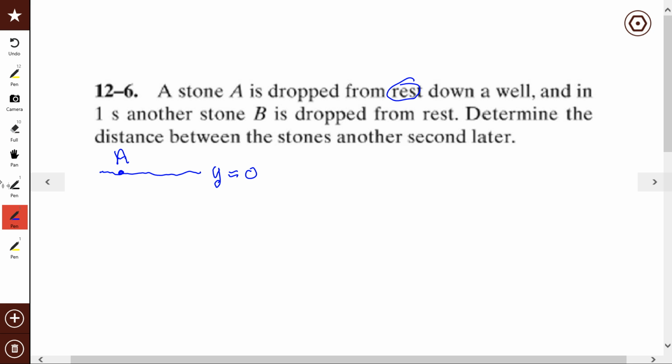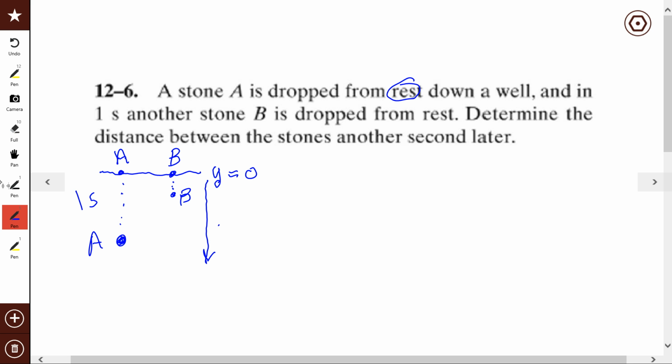I'm going to let the thing go and it's going to fall. And so sometime later it's down here in the well, after 1 second has occurred. And then at that point, B, which happens to start off at the same location, is dropped, and it begins to fall down. Okay, I'm going to define a positive direction.